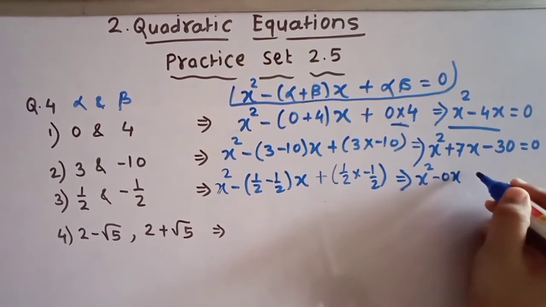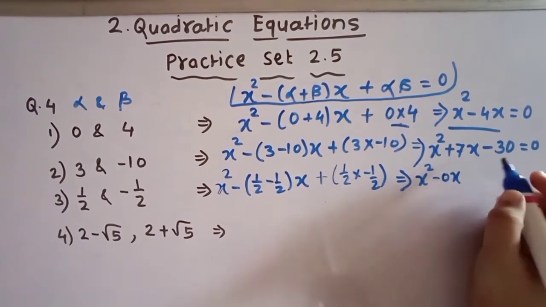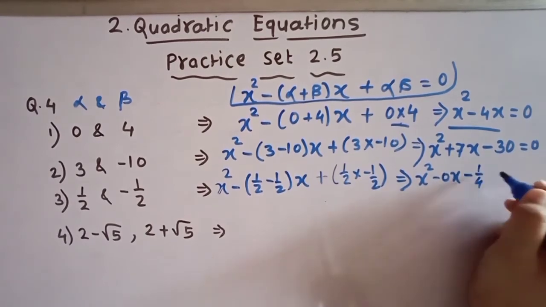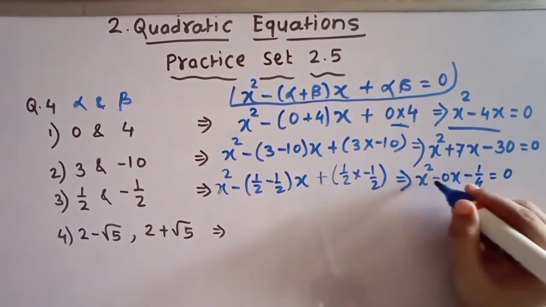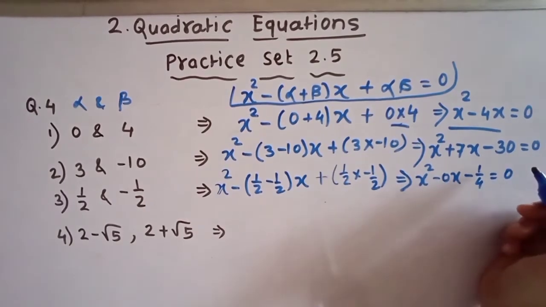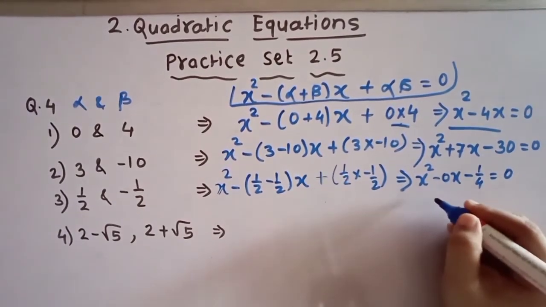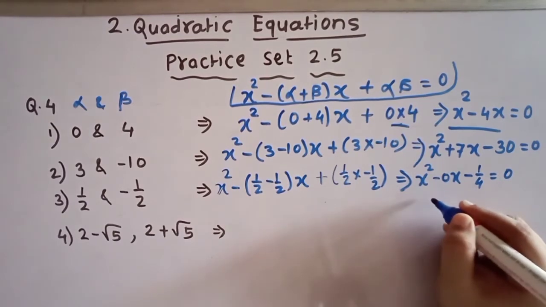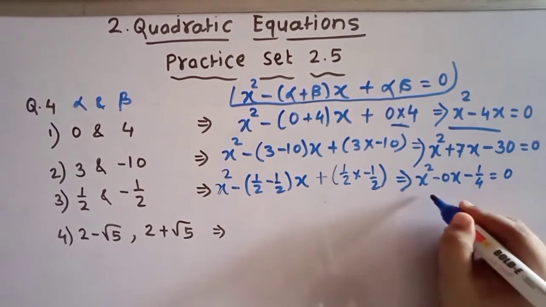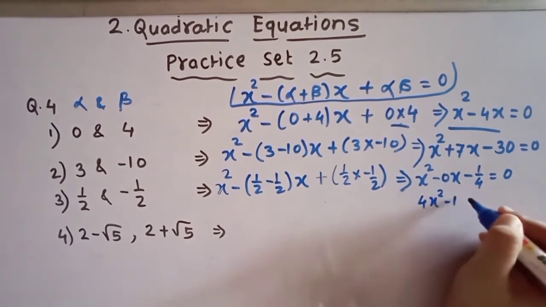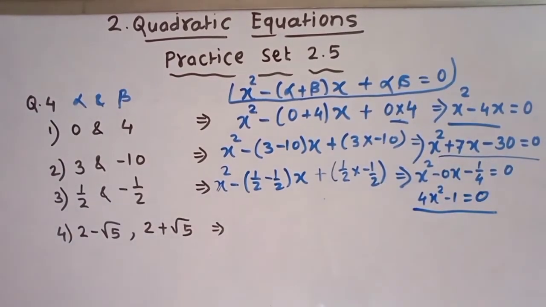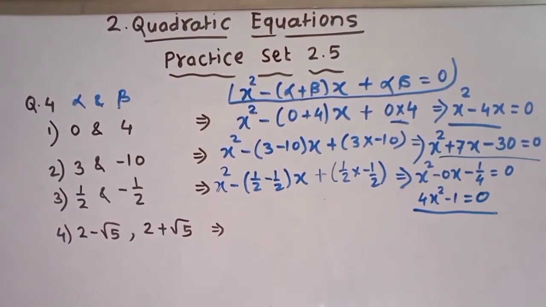Half and minus half means minus 1 by 4. So x square minus 1 by 4 is equal to 0. So you can write 4x square minus 1 is equal to 0. This is the final equation. Are you getting me, class?